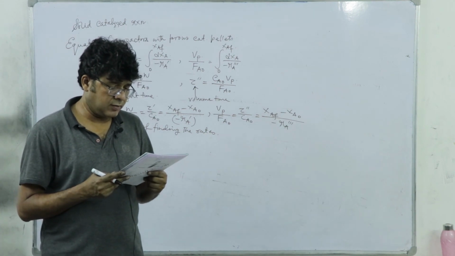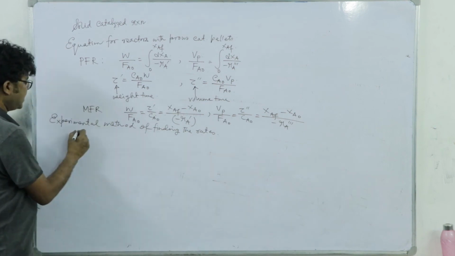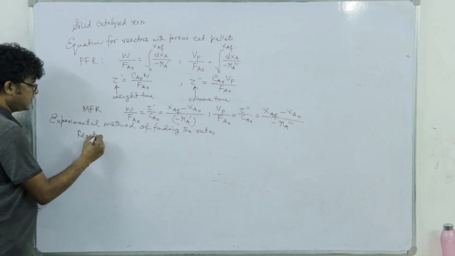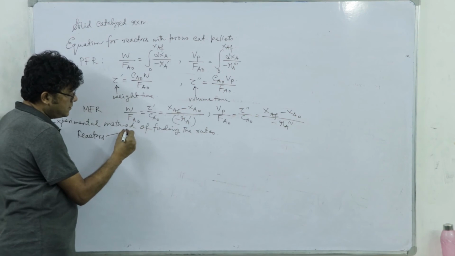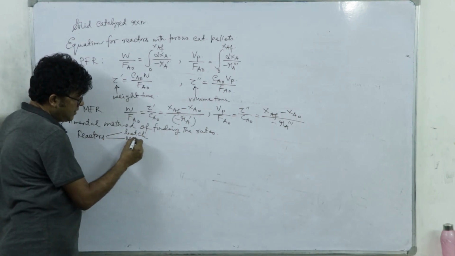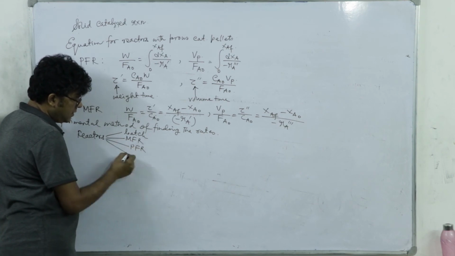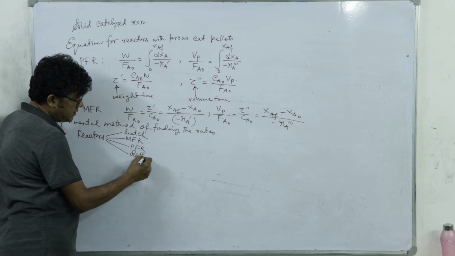But batch reactor we can also use. So, what are the different types of experimental reactors that we have to understand? First one is a batch, second one is MFR, third one is PFR, and fourth one is differential reactor.